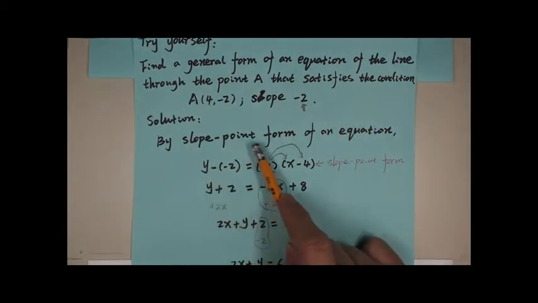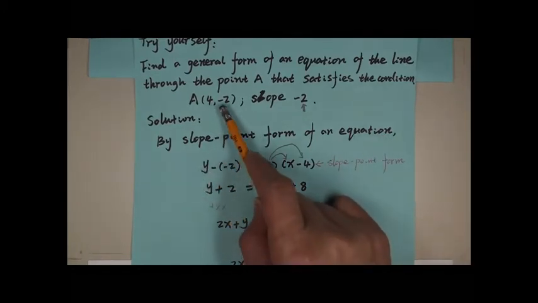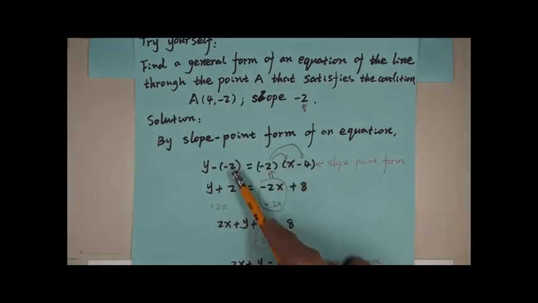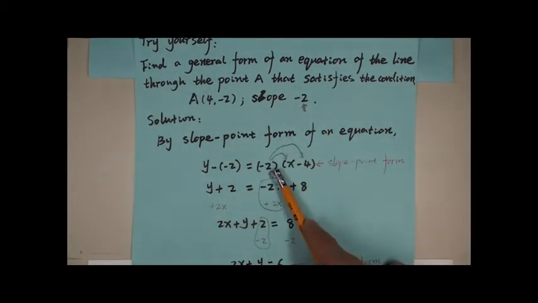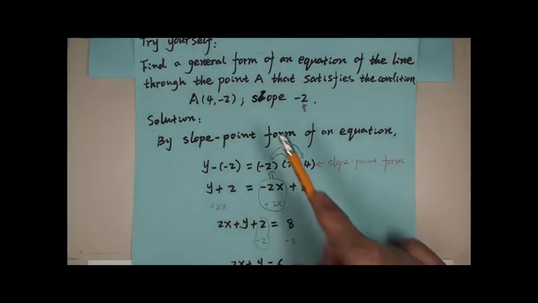By slope point form of an equation, you always put slope here, and then y minus -2, whatever it is here, always y minus, put the number here. Slope is at the front, and then x always minus, whatever you are given here is positive or negative.